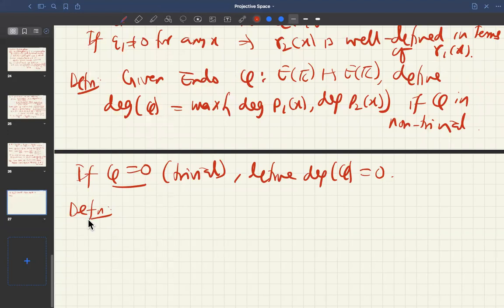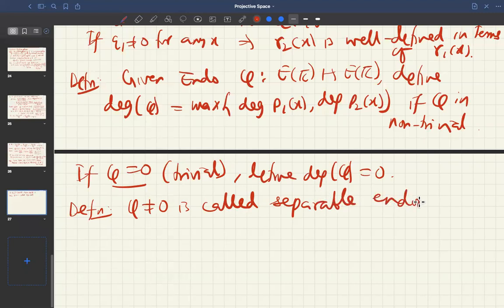So here I'm just defining a map, since the endomorphism is given by a rational function. Definition: phi not equal to 0 is called a separable endomorphism if, you remember this R1, the derivative R1 dash is not identically 0.